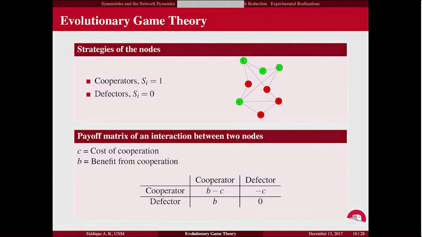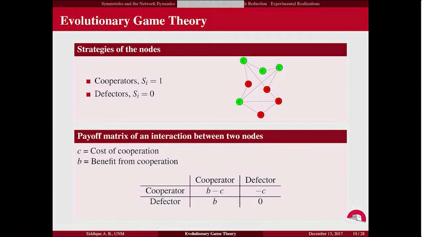In a game on a network, there are two types of nodes, as we can see in the right figure. Some of them are green, they are cooperators, and the red nodes are defectors. A cooperator pays a cost C, and the connected node gets the benefit B, and we form the payoff matrix.